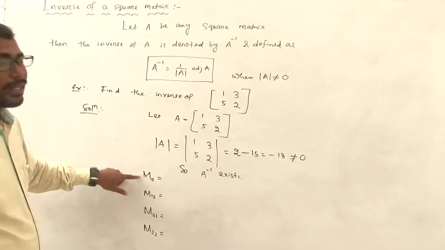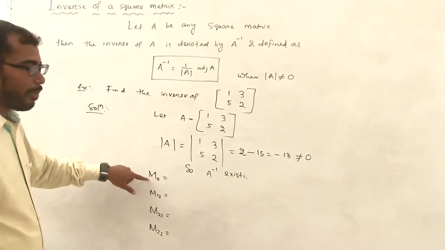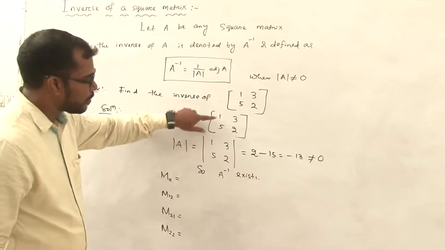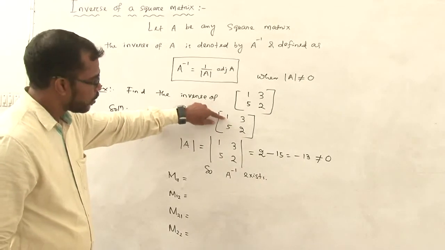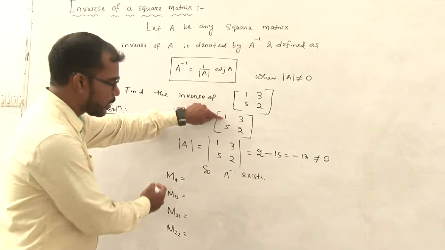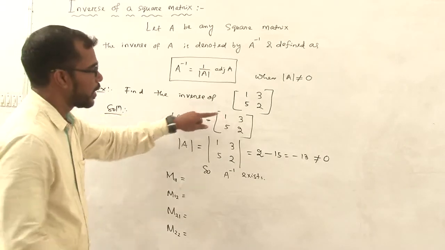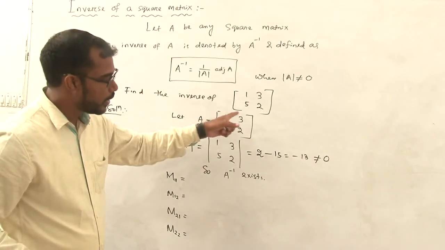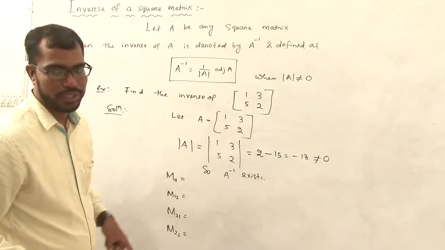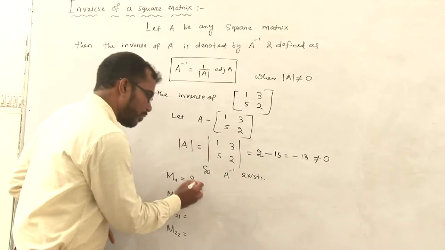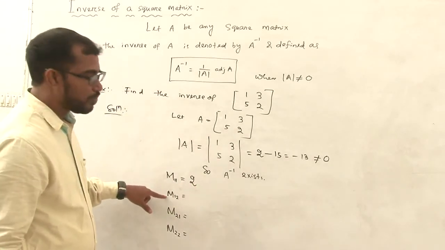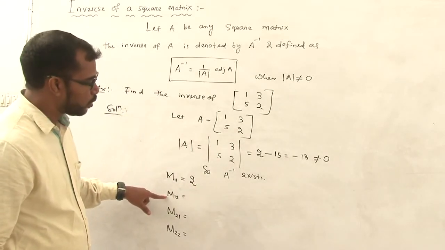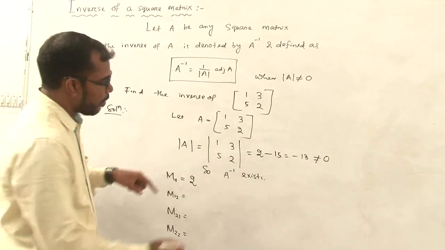First we find M11, the minor of the element at position 1, 1. That means we delete the row and column of this element. If we delete the row and column, we get only 2. So this is the value of M11. Now we find M12, which is the position of 3.